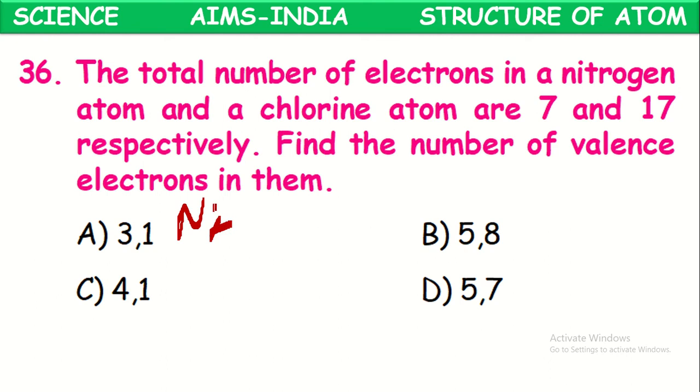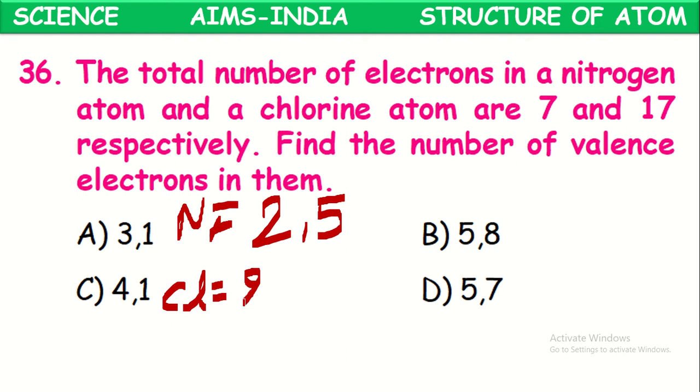Nitrogen configuration with atomic number 7, what do we get? 2, 5. How many valence electrons are there? 5. If we see chlorine, the atomic number is given as 17, so the configuration will be 2, 8, 7. So the number of valence electrons for nitrogen is 5 and for chlorine is 7. 5, 7. Here it is.